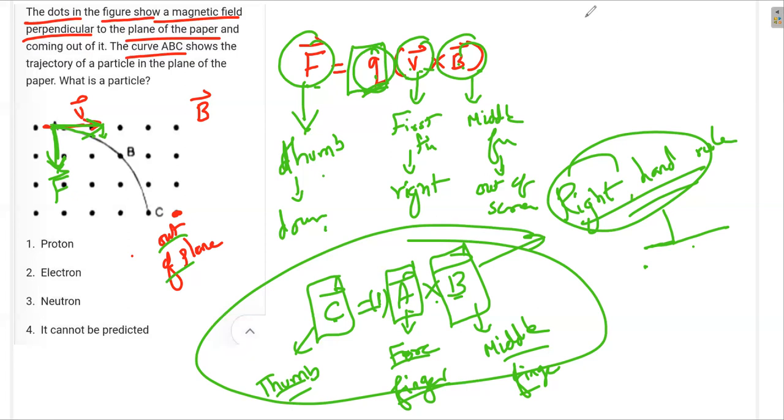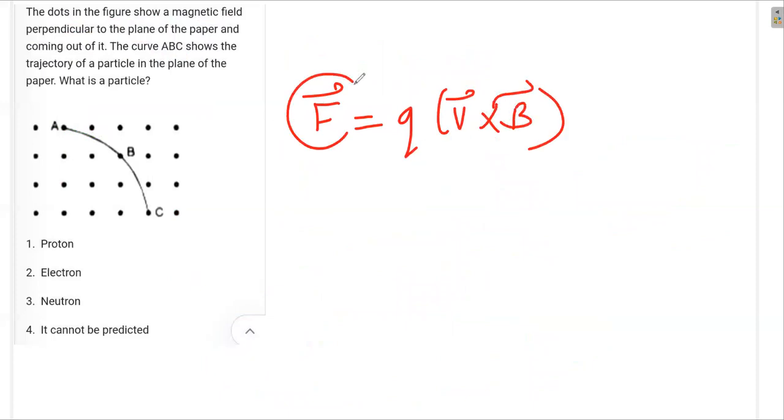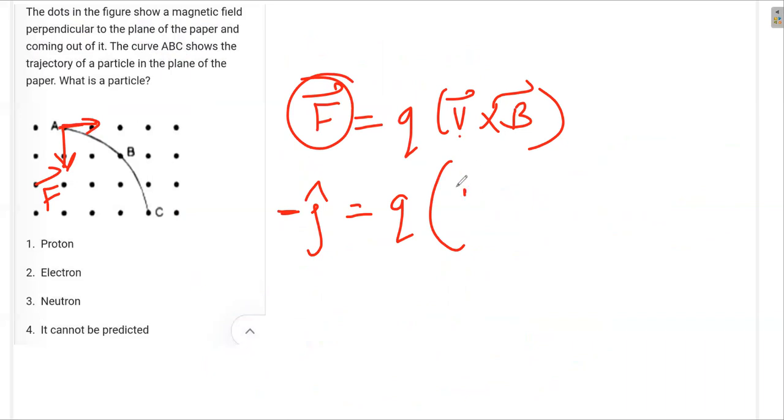Is there any other way? Yes, you can do it using i cap, j cap, but that can only be done if they are moving exactly along the X axis and Y axis. Look at this point: the force is acting down, which is minus j cap. Q, I don't know, let it be there. V at that point was exactly along i cap. B is out of the screen, out of the plane, which is plus k cap. So i cross k.